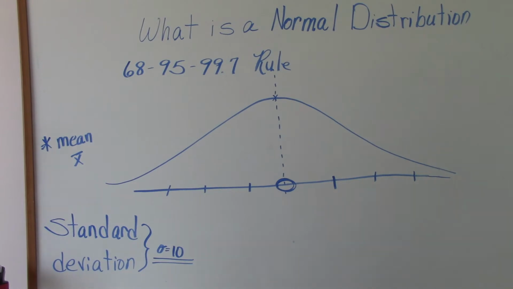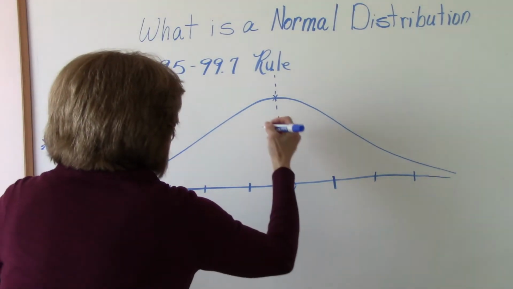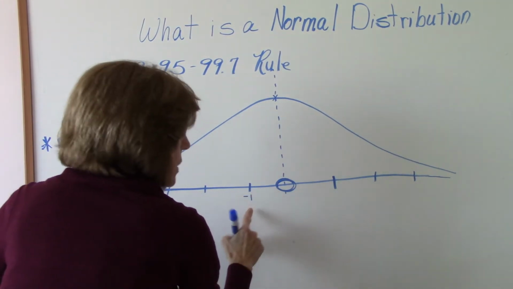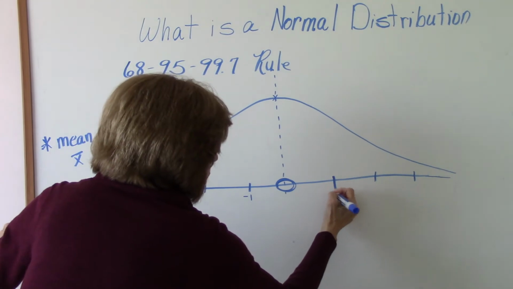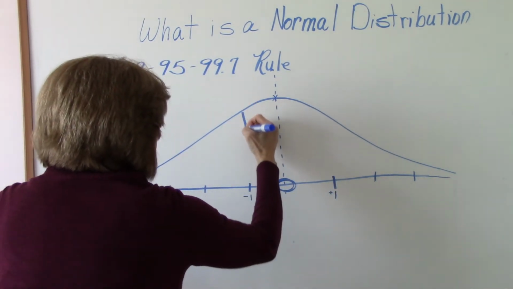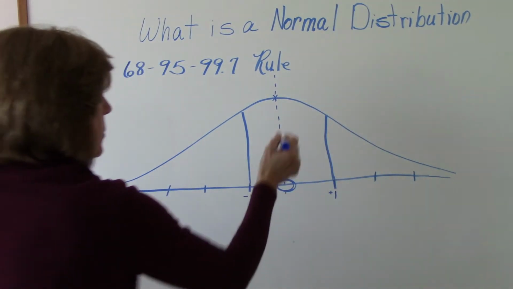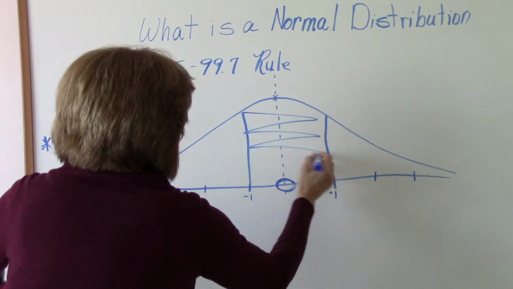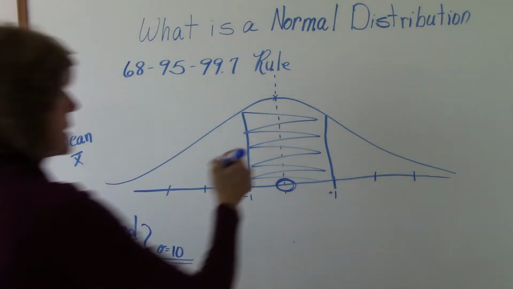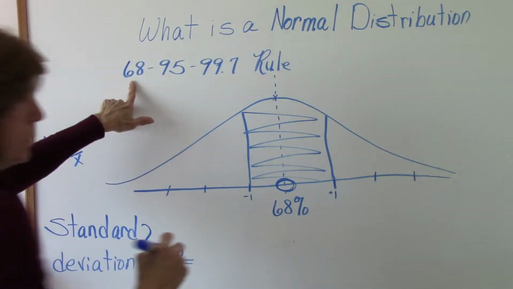So if we take a look at the data, this is one standard deviation below to one standard deviation above, this area of the graph. This area of the graph contains 68% of the data.